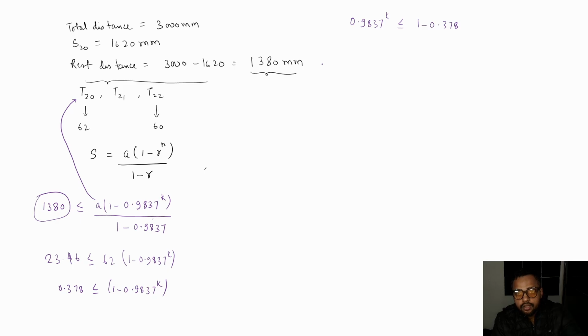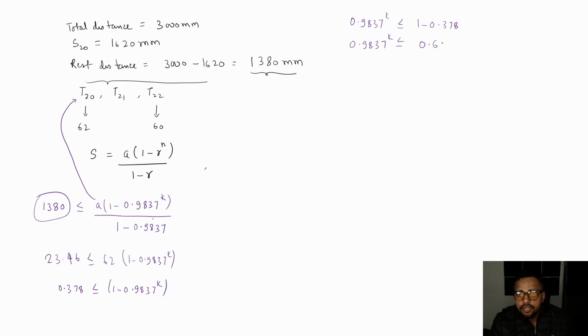Okay, I'm solving this. We get 0.9837 raised to the power k is less than or equal to 1 − 0.378, that is equal to 0.638.